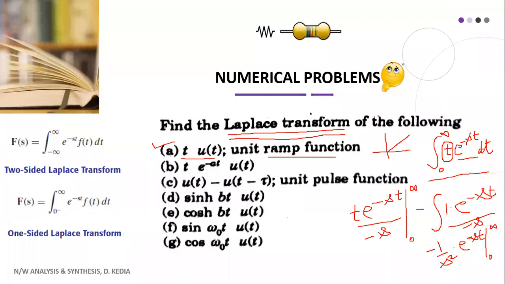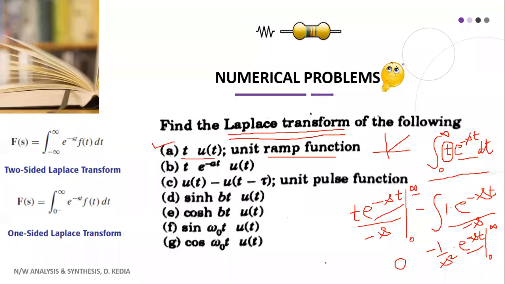And what about this part? If you look carefully, if you substitute the infinity limit, e raised to minus st will become 0. If you substitute 0, t will become 0. So in a nutshell, this term will be 0. And if you substitute the limits of this one here, if you substitute infinity, this will become 0. And if you substitute 0, it will be minus 1.